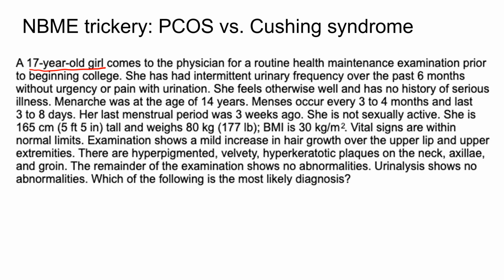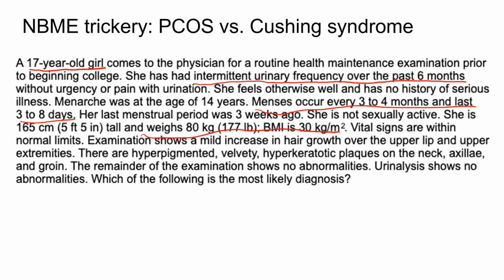But I like to look for other clues in the question stem. So reading through this, we see that she has increased urinary frequency over the past 6 months, so some polyuria. Her menses are irregular. And we see that she is heavy, but is not actively gaining weight. She's just a heavy woman.